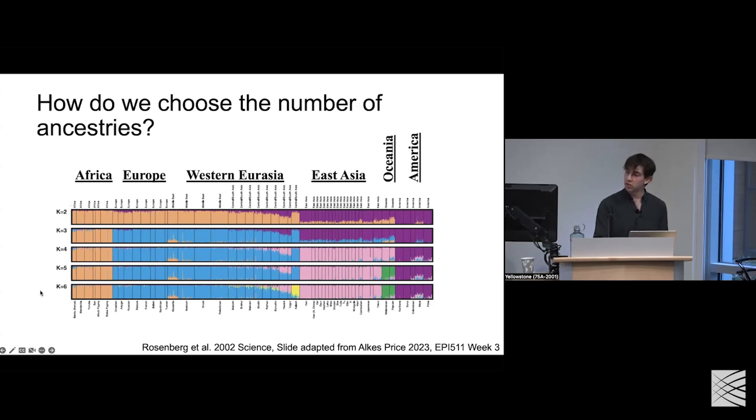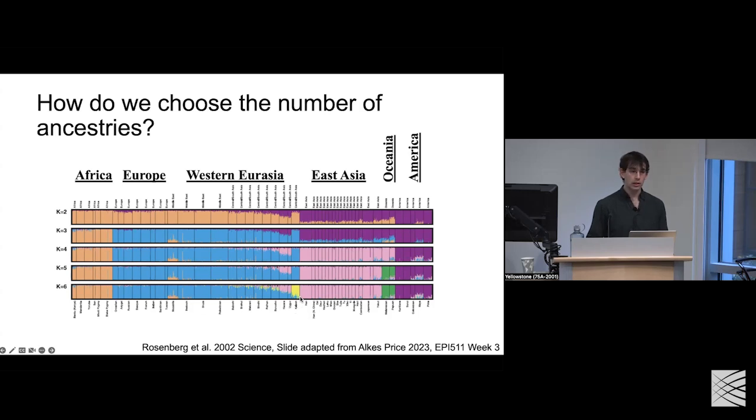We can see that when we set the number of populations equal to 2, the method basically spits out ancestry proportions that correspond to African plus European ancestry versus Asian plus American plus Oceanic ancestry. That's the main division we get. But then as we increase K all the way to 6, we start to get much more granular ancestry definitions. And when we hit 6, we get this smaller group of individuals that have their own kind of ancestry category.